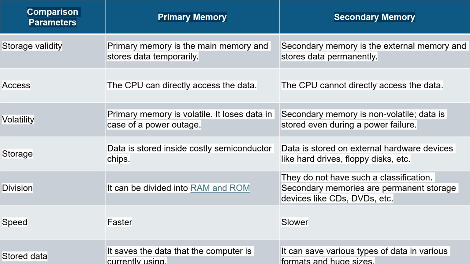Secondary memory does not have such classifications; these are permanent storage devices like CDs, DVDs, etc. The speed of primary memory is very fast, compared to secondary memory, which is very slow. Primary memory saves the data that the computer is currently using. Secondary memory saves various types of data in various formats and huge sizes.